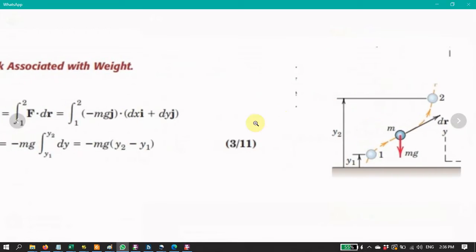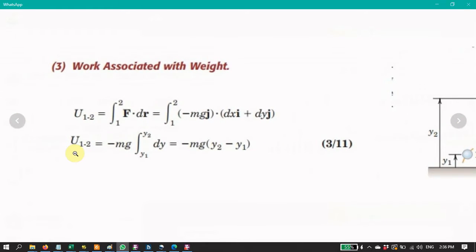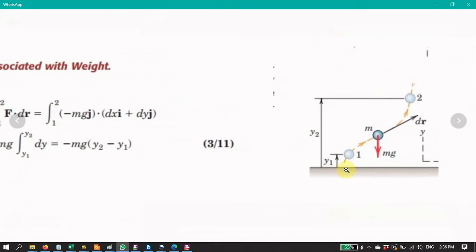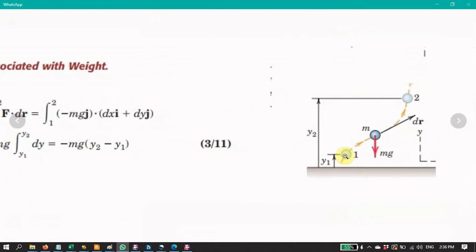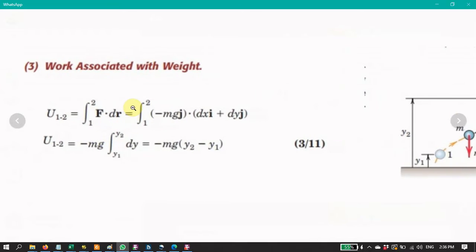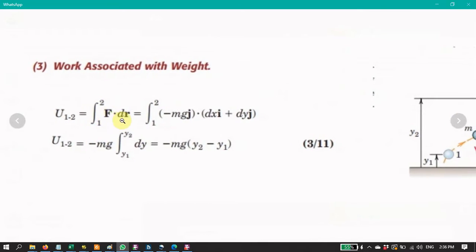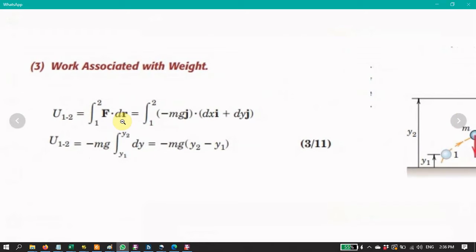You can see that we need to define the position vector in this case, and this one is based on the dot product of work. Work is a dot product of force with the displacement vectors, right?